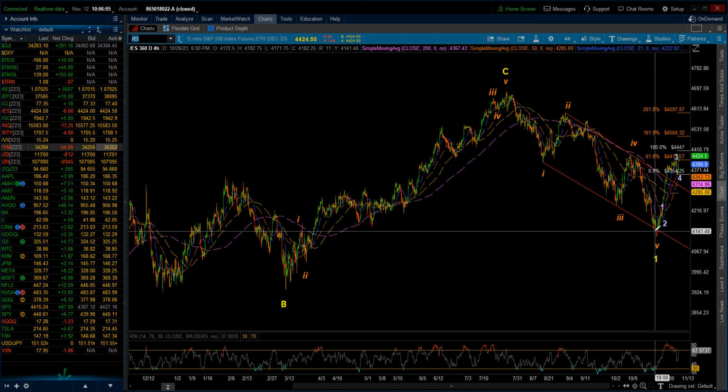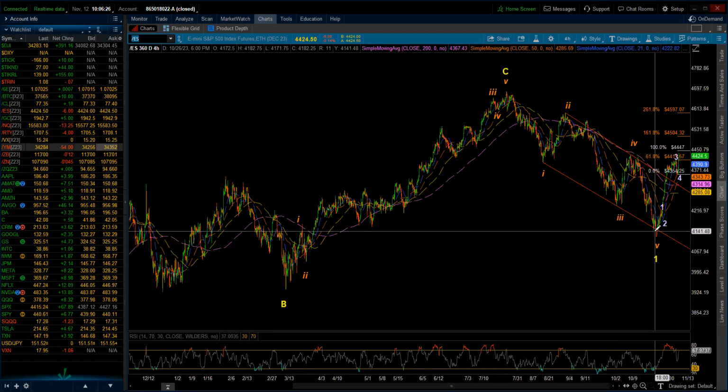And in an expanding variety, wave 4 is always longer than wave 2, and wave 5 is always longer than wave 3, and wave 5 always ends beyond the end of wave 3. None of those really applied because this is a diagonal. If anything, it should be contracting.